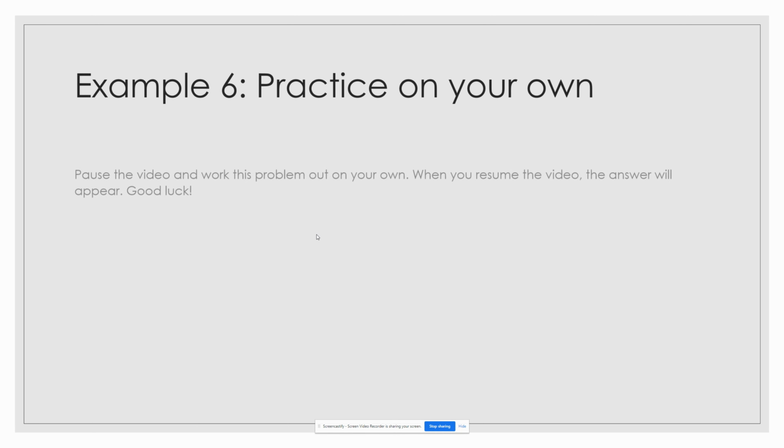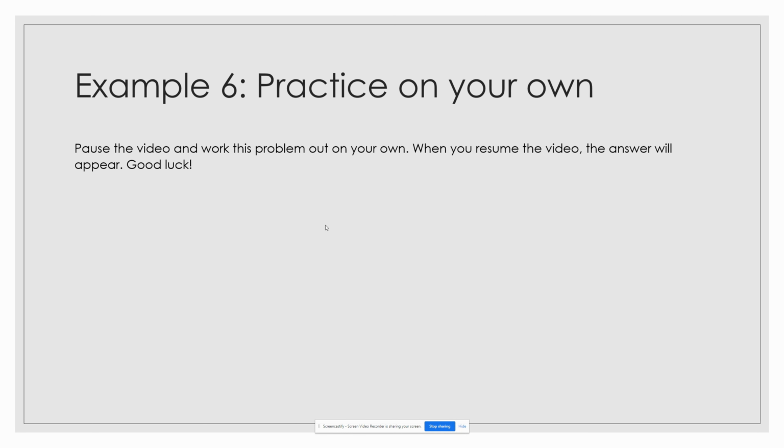So let's do one for you to practice. Just like all the other ones, pause the video, work this problem out on your own, and when you resume the video, the answer will appear. You're going to find the integral of sine squared of 2x dx. Because it's squared, I would think about looking at one of those Pythagorean identities.